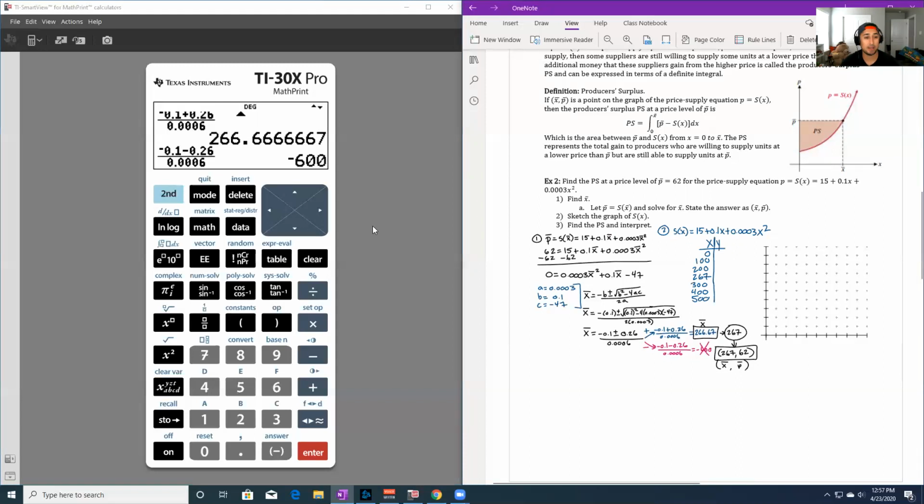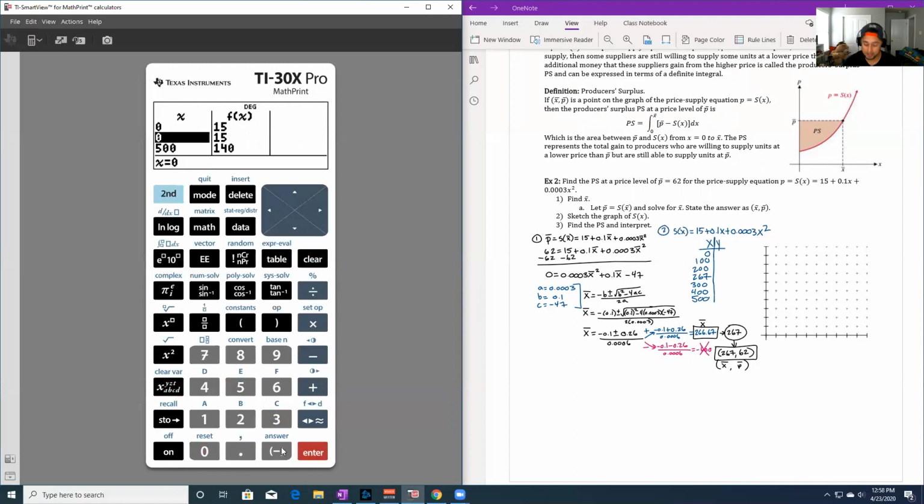And now I'm going to type this in my calculator to the table feature. Clear that out. Put in S of X, 15 plus 0.1x plus 0.0003 x squared. Enter. Enter. All right.